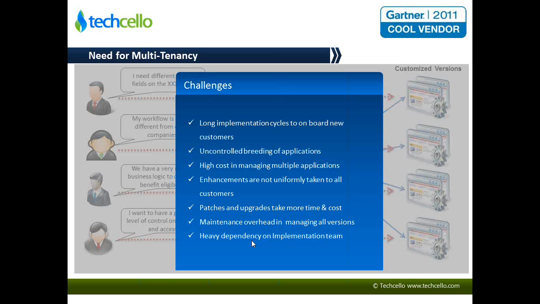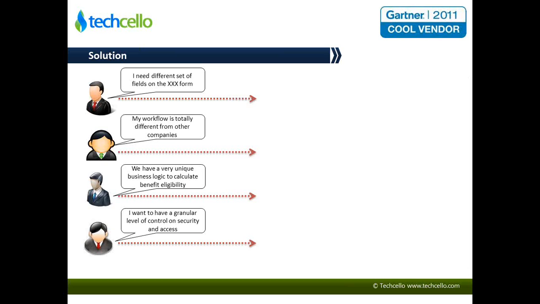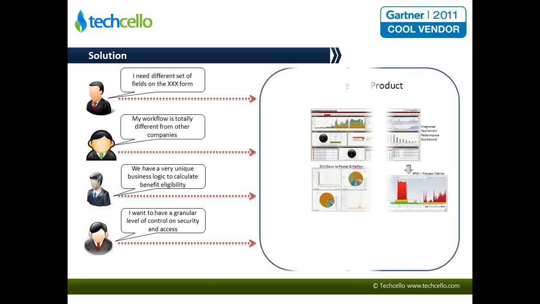Now, is there a way to handle the scenario in a much easier way, in a much more organized way, right? So that is where multi-tenancy comes into the picture. So in terms of a multi-tenancy solution, the fundamental difference lies in building your product, not just with the functionality, but a product which is capable of multi-tenancy, right?